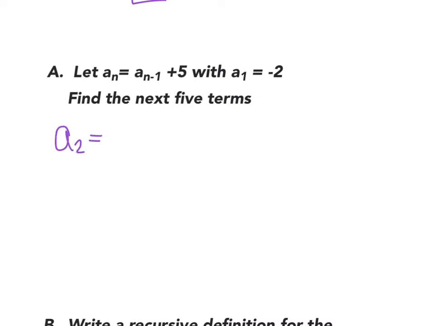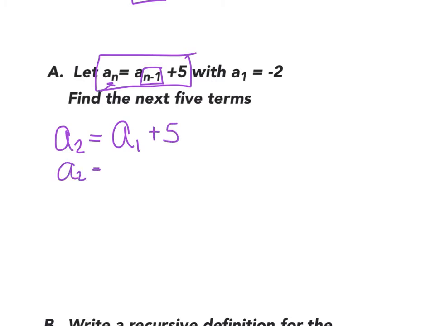So what am I going to do? I'm going to go to my equation, and I'm going to replace every n with the number 2. So I'm going to get a sub, can you do this math in your head? What is 2 minus 1? A sub 1 plus 5. So I know a sub 2 is equal to the previous term, a sub 1, negative 2 plus 5. A sub 2 is equal to 3.